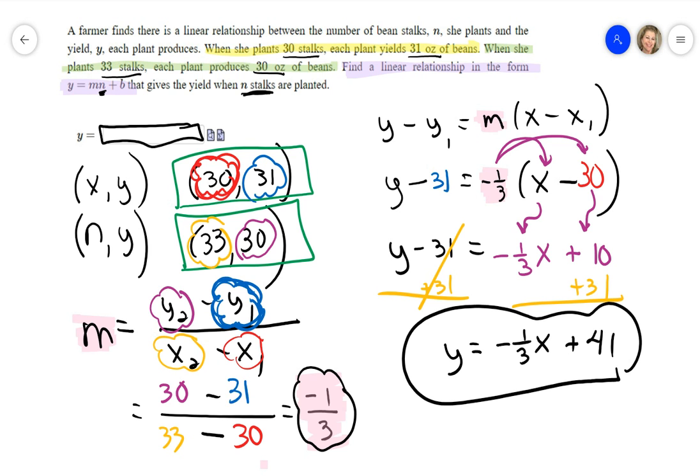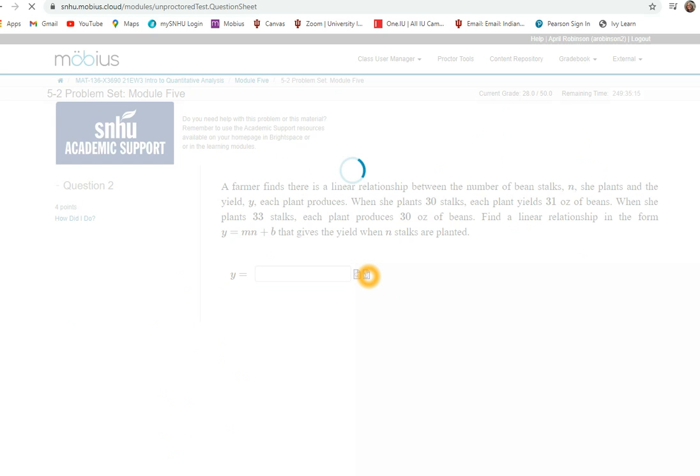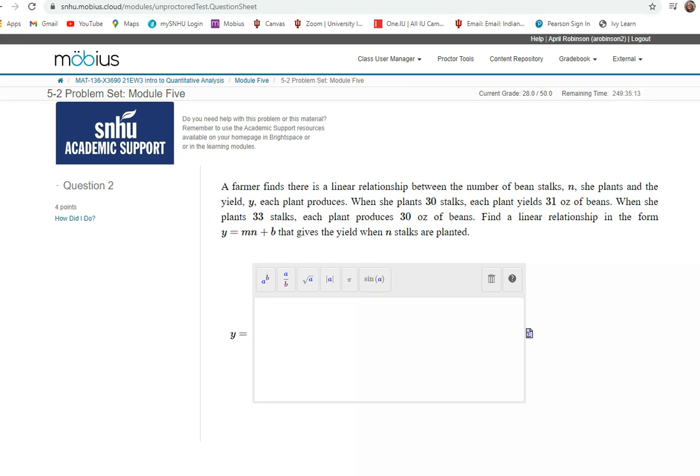Now I noticed, let me go back to Mobius. Hang on a second. Okay, I'm back in Mobius. And on this problem, I noticed that they do have the little summation symbol here. So I can open that up and type in my fraction, which is -1/3.